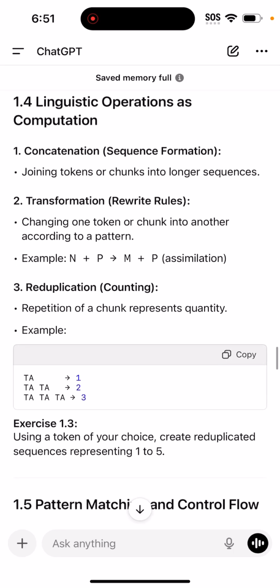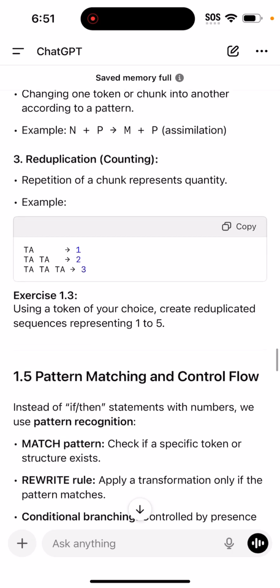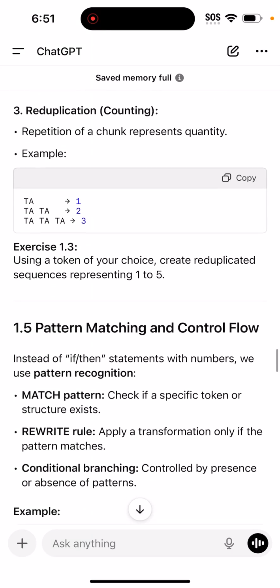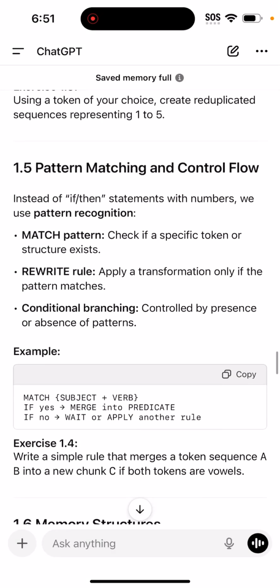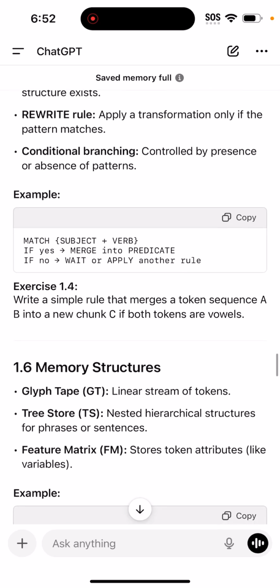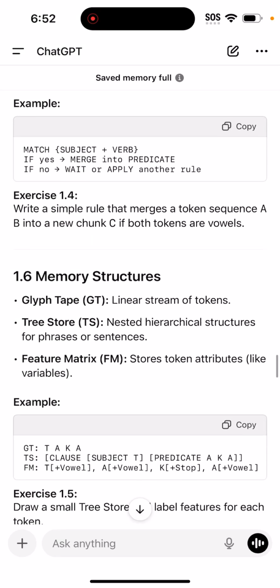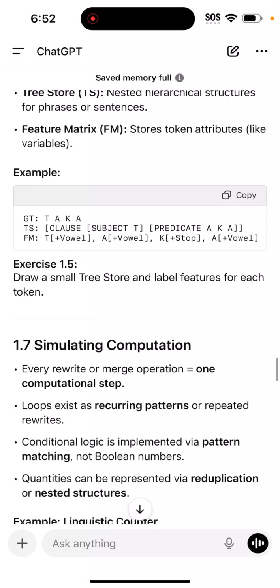For example, 1 is ta, 2 is ta ta, 3 is ta ta ta. That's how numbers are shown on this. And for matching, control and flow, there's match, pattern, rewrite, rule, conditional branching, and memory structures: glyph tapes, tree store, feature matrix. This is how it works.